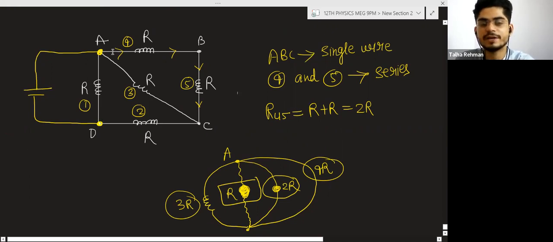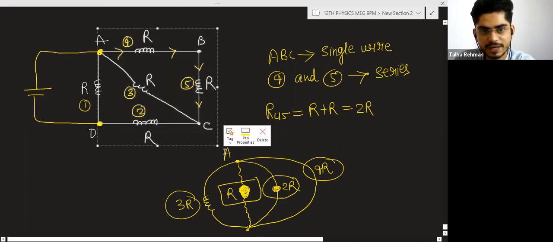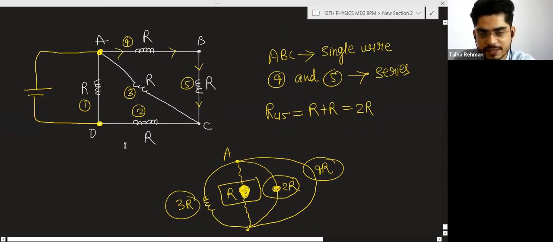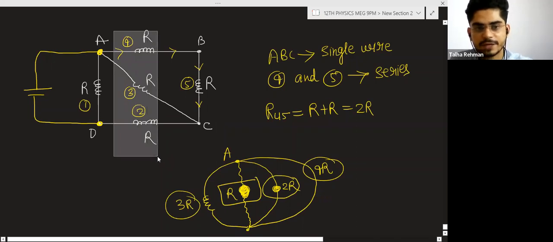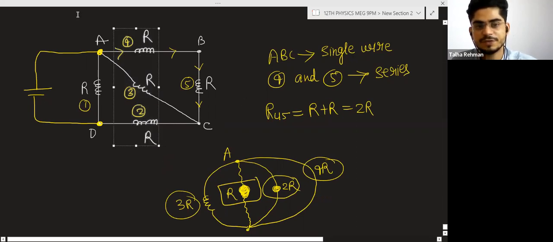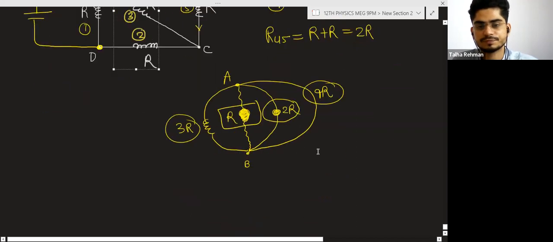If there is no wire here, suppose I have disconnected this from here, in that case you can say in between A and B there is only resistance R, but the wiring is there. So we have to take this also.